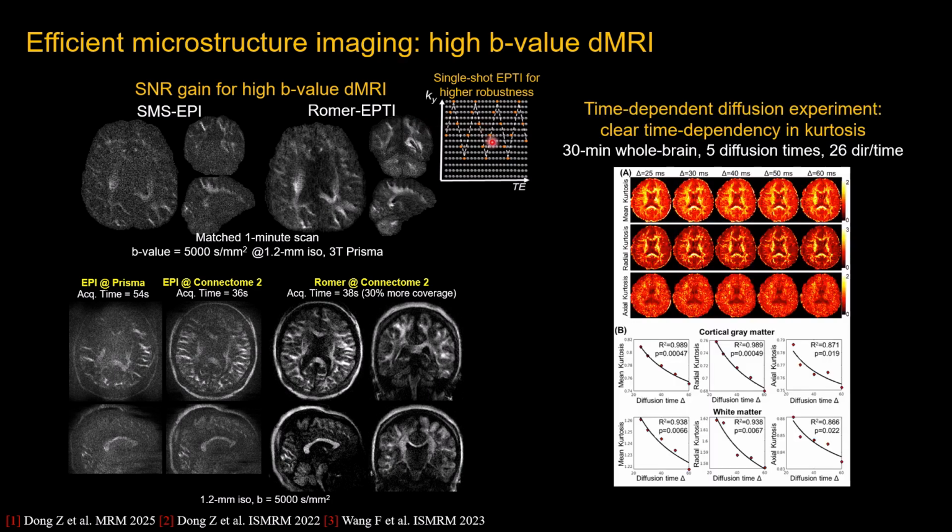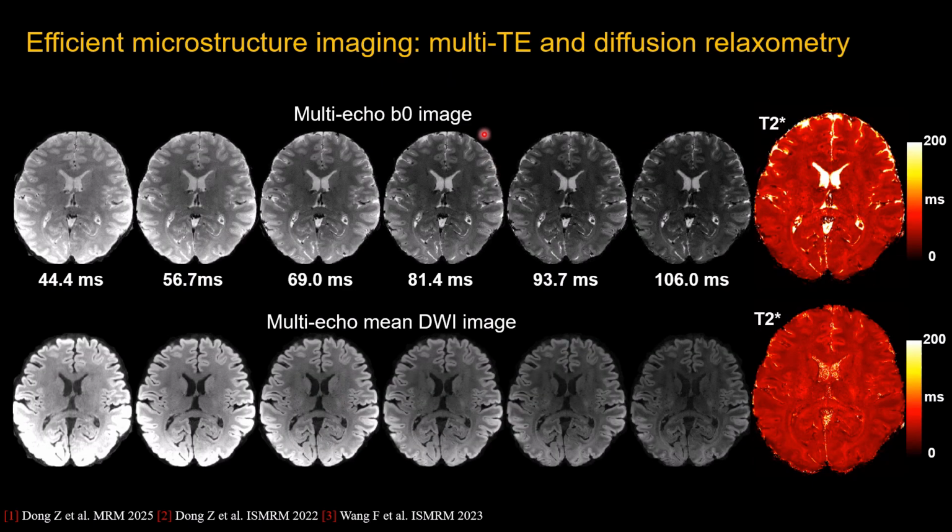We also demonstrate its efficiency in a time-dependent diffusion experiment. Inherent from EPTI's time-resolving feature, Romer can acquire multi-TE diffusion without extra scan time, providing rich information for diffusion relaxometry analysis to look into the microstructure of the tissue.